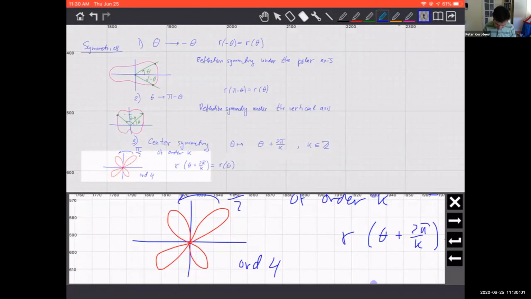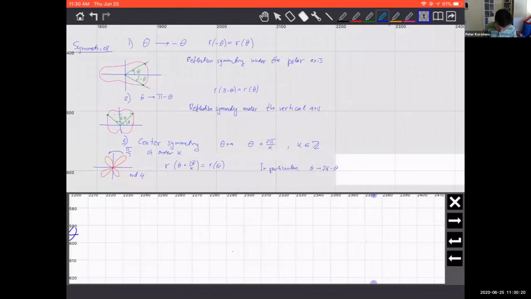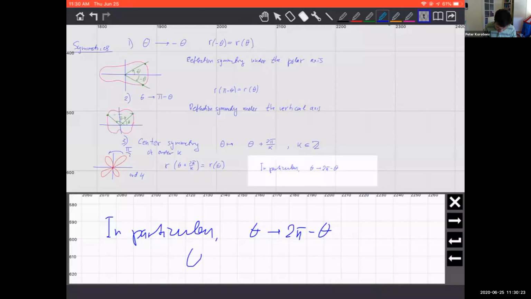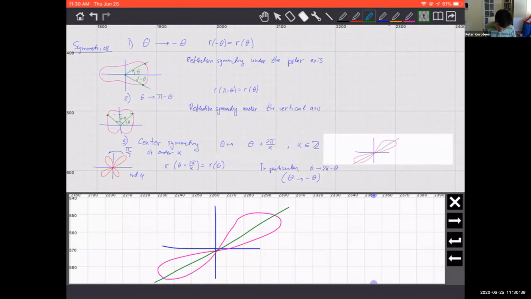In particular, if it's a symmetry of order 2, that changes theta to minus theta. In particular, theta goes to 2 pi minus theta, aka it's the same as theta goes to minus theta, is also an example of a center symmetry. And in this case, we should have something like this.